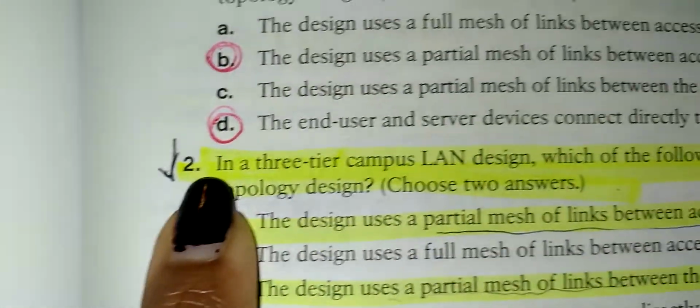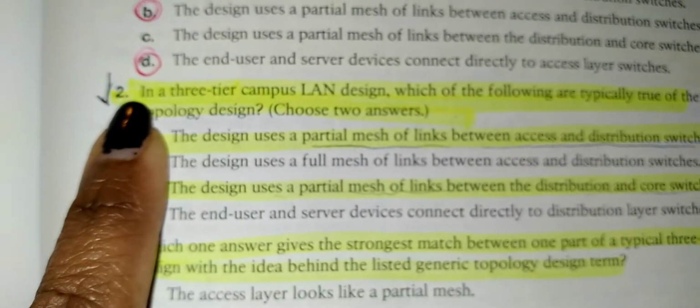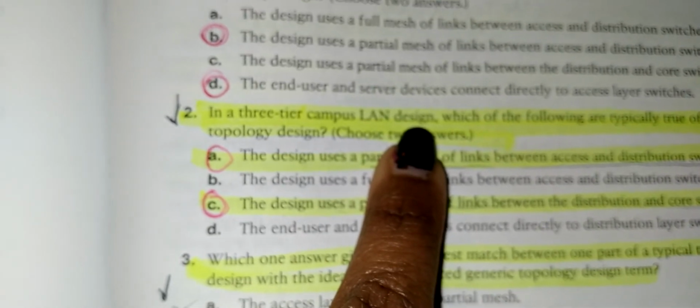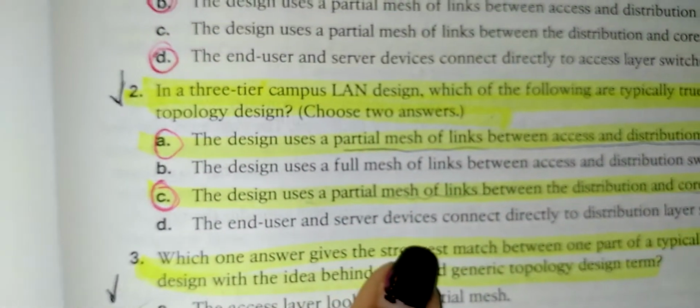Number 2 states, in a 3-tier campus LAN design, which of the following are typically true of the topology design? Choose 2 answers.